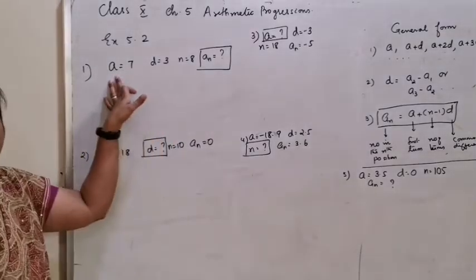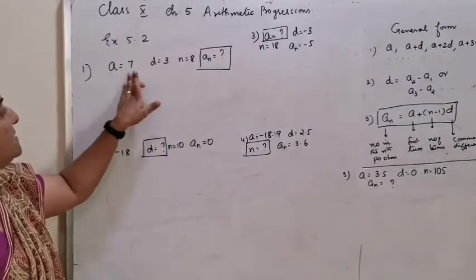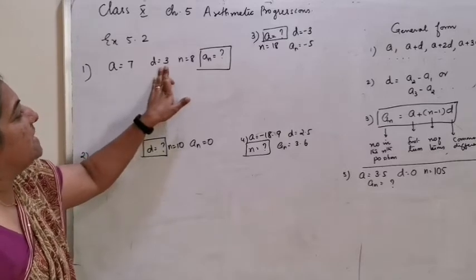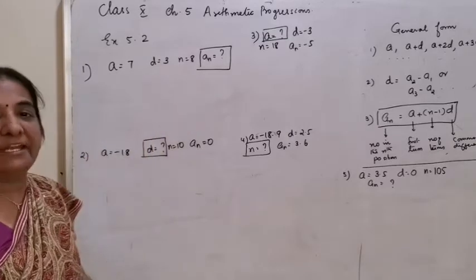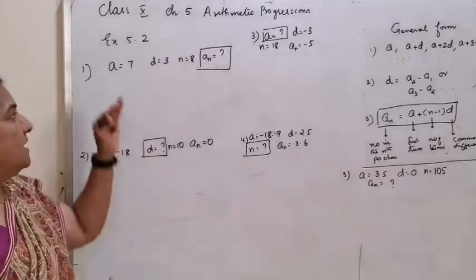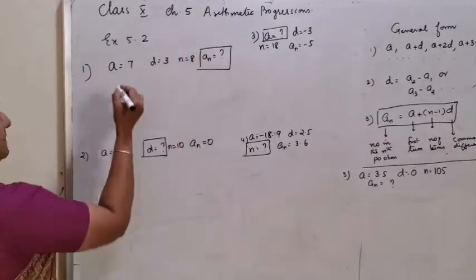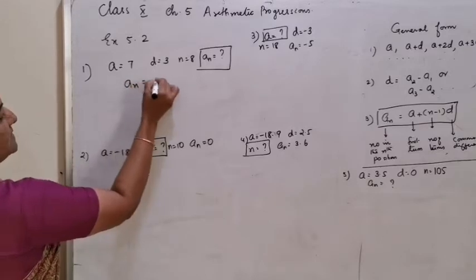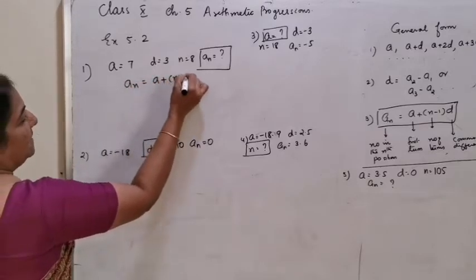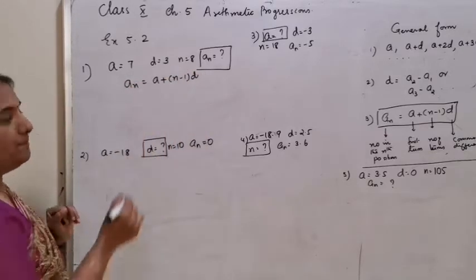The first subdivision says that the value of a is equal to 7, d is 3, n is equal to 8 and an you have to calculate. That means in this AP, what is the number in the nth position? It's a direct formula. an is equal to a plus n minus 1 into d.